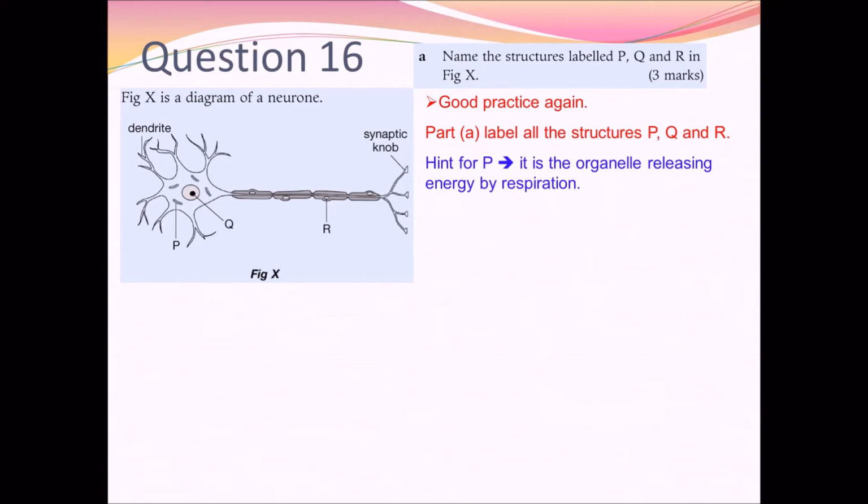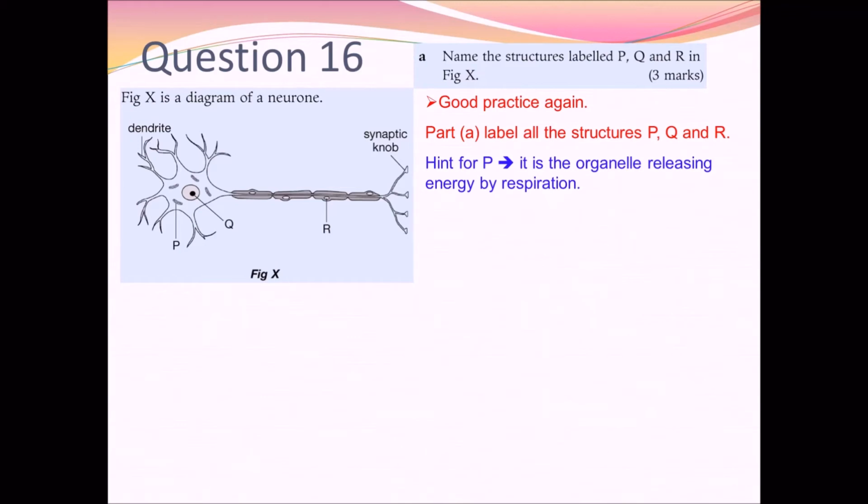So for part A, label P, Q, R. For Q and R, I think it's easy for you to label. So I would like to talk about structure P. Structure P is the organelle releasing energy by respiration, so I think you can recall the name of structure P.